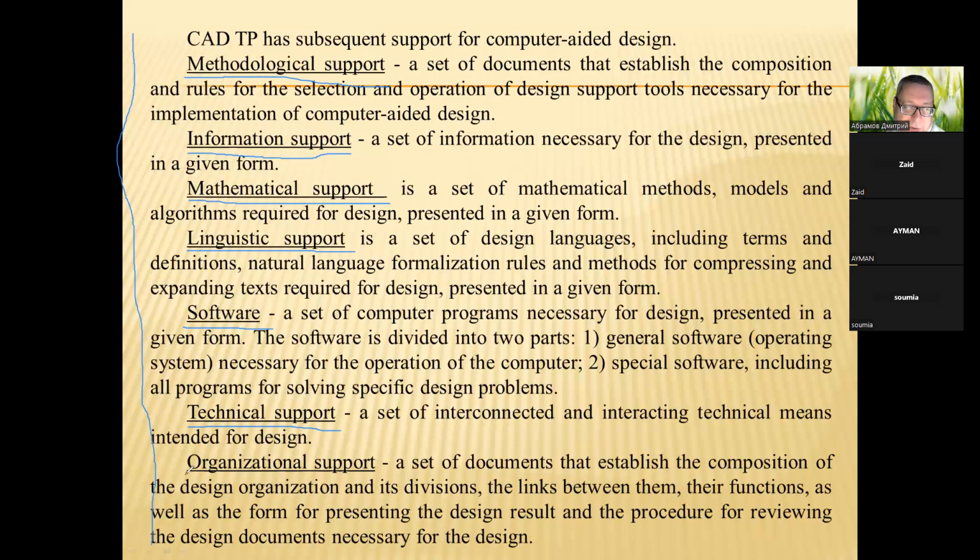And the last one is organizational support: a set of documents that establish the composition of the design organization and its divisions, the links between them, their functions, as well as the form of presenting the design results, and the procedure for reviewing the design documents necessary for the design.